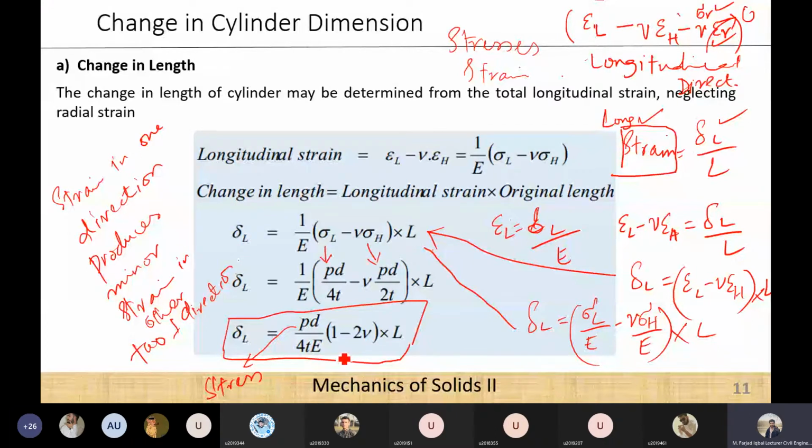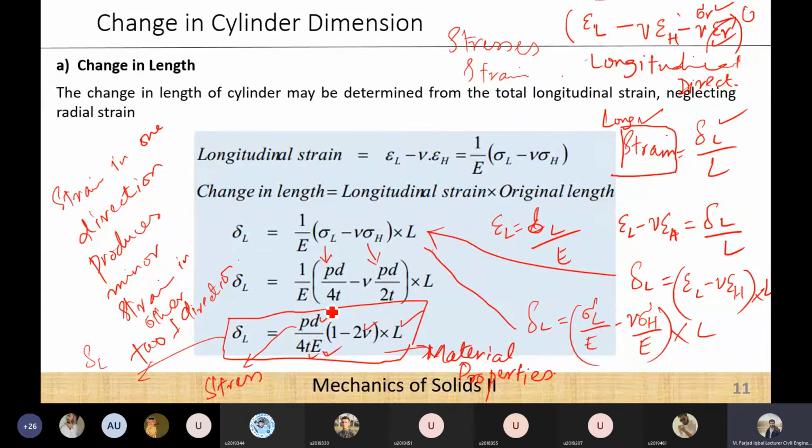So if someone asks, if I place this fluid in the cylindrical element and the material properties or the dimensions of the cylinder are such, can you report what will be the change in length? We can do that by using this expression, and then we have to see the codes for how much change in length is allowable for different types of material.